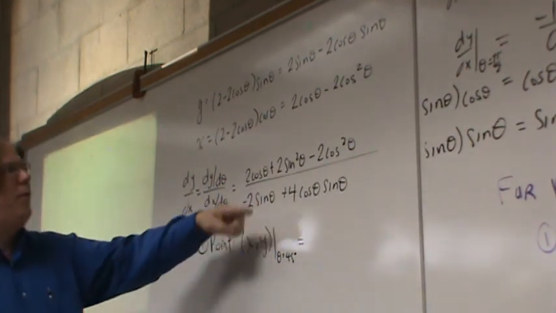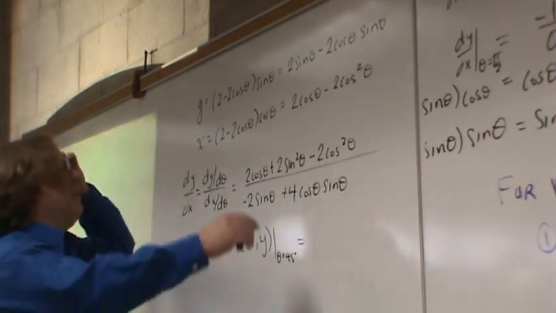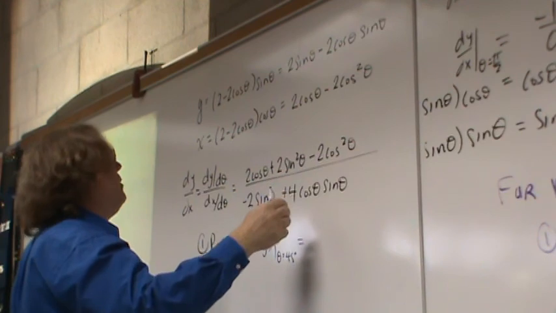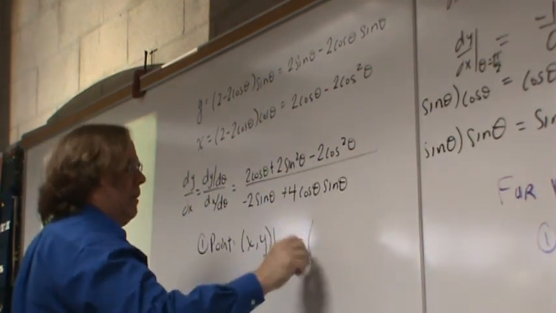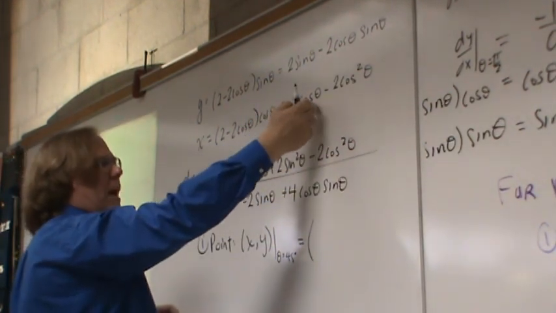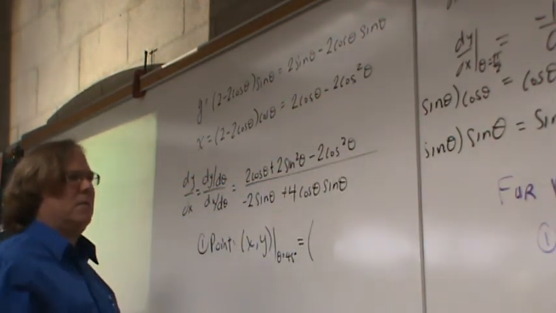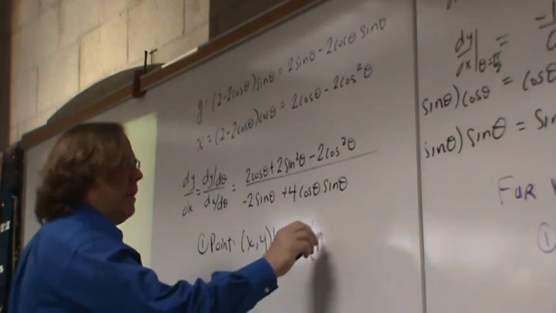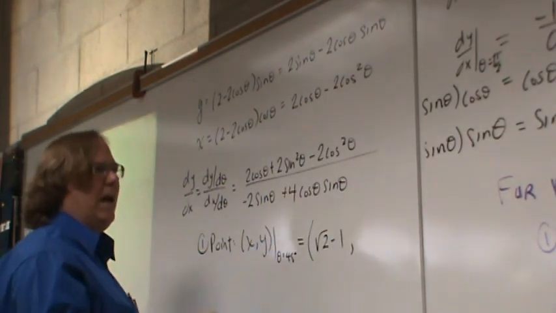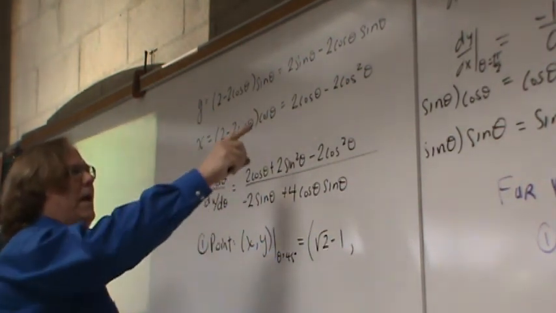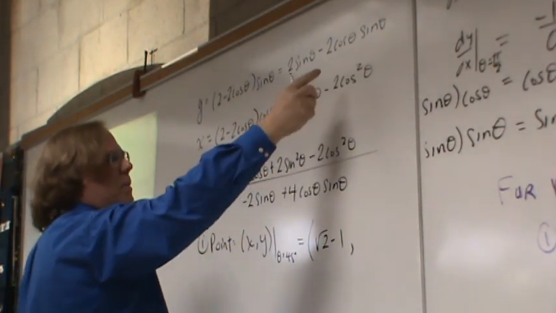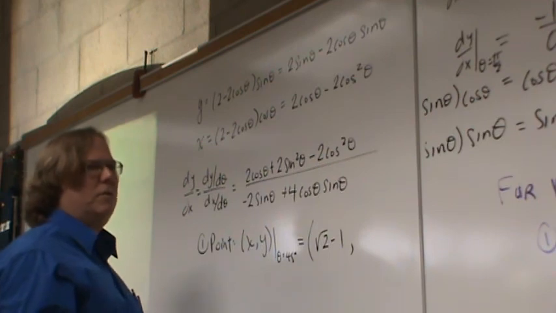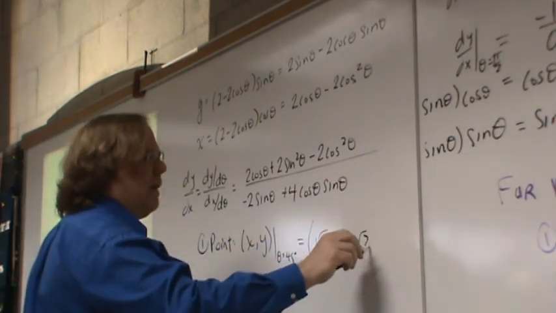Let's plug in 45 degrees. For my y, I get 2 times radical 2 over 2, so I get radical 2. Now my x: I get radical 2 minus 1/2 times 2, so I got radical 2 minus 1 for my x. And for my y, I get radical 2 minus 1.